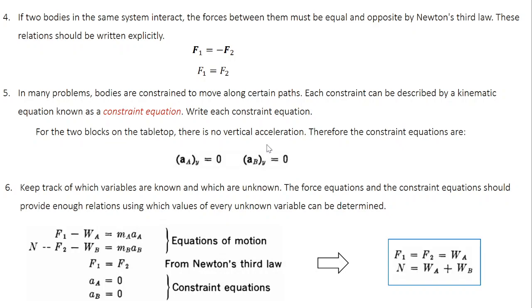So this is a constraint with respect to vertical direction. So the constraint equations in this case are acceleration of body A and B along the vertical direction or y direction equal to 0. So I can write mathematically AAy equal to 0 and ABy equal to 0.